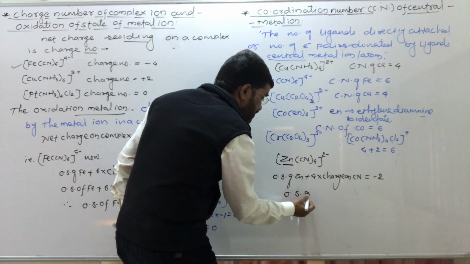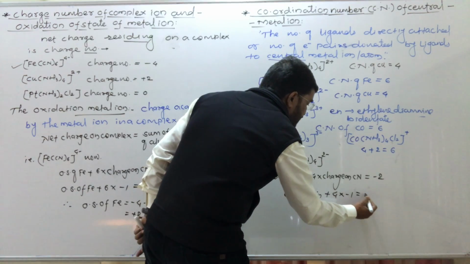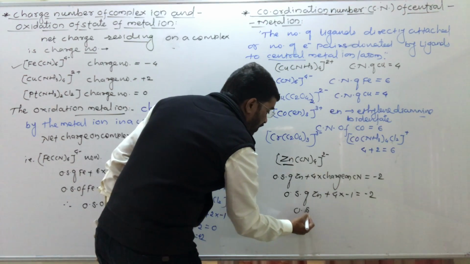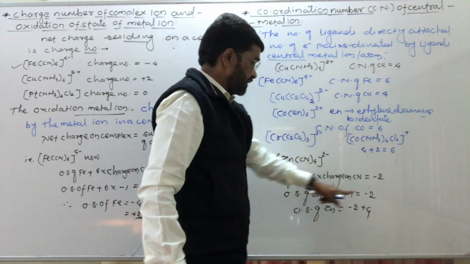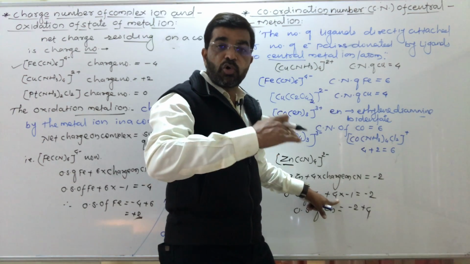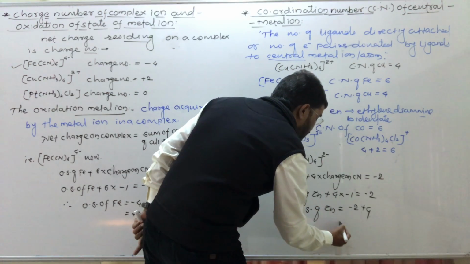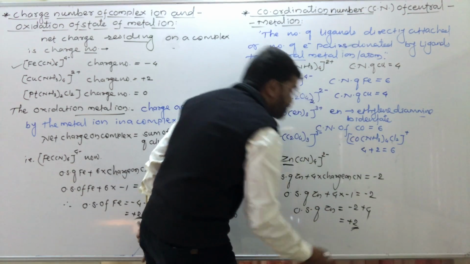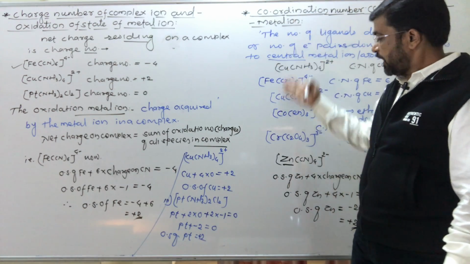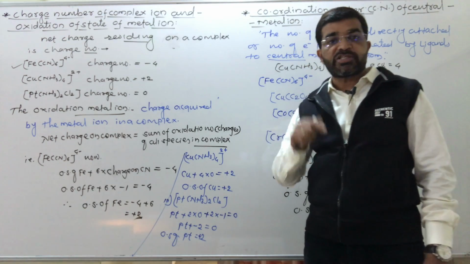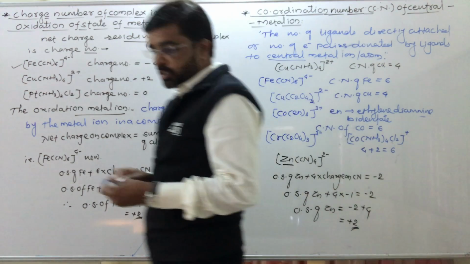So oxidation state of zinc plus 4 into -1 equals -2. Oxidation state of zinc equals -2 plus 4, that is +2. Therefore the oxidation number of zinc in this complex is +2. In this way we can determine the oxidation number as well as the coordination number of a central metal ion in a complex by using this formula.